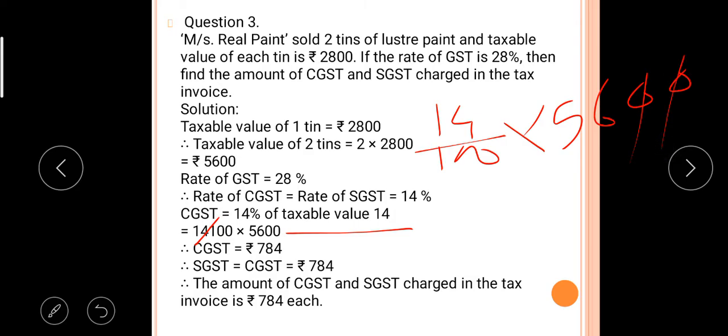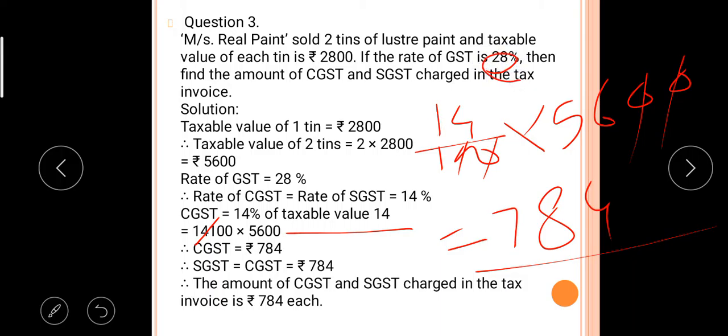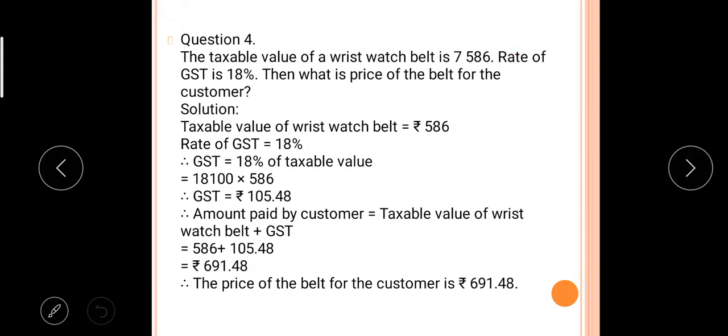So these two will cancel out. What you will get, that is 784. This is your CGST and SGST amount. If GST is asked, instead of 14, take 28%. Okay, very simple. Now next question.